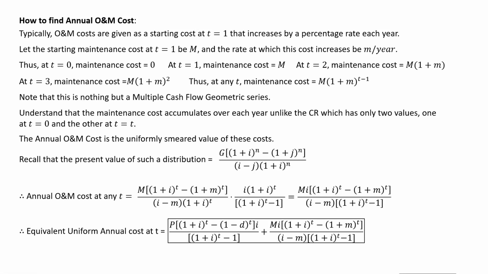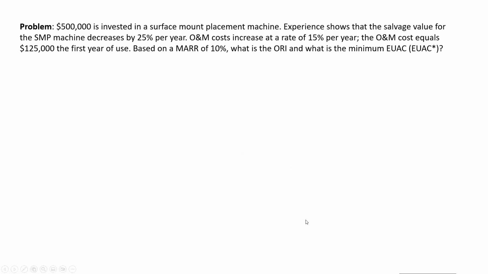Cool. Now let's look at a couple of examples so that this concept is crystal clear. $500,000 is invested in a surface mount placement machine. Experience shows that the salvage value for the SMP machine decreases by 25% per year. Operating and maintenance costs increase at a rate of 15% per year.